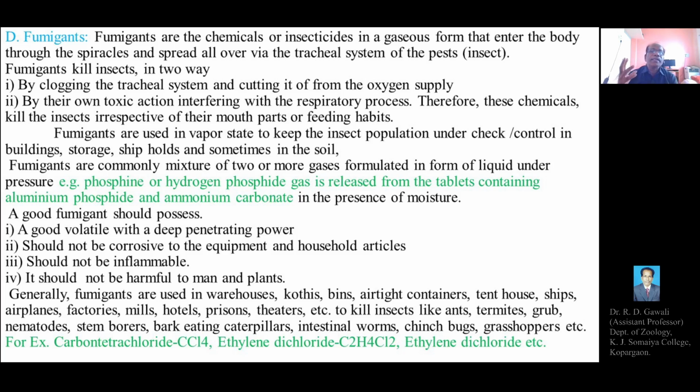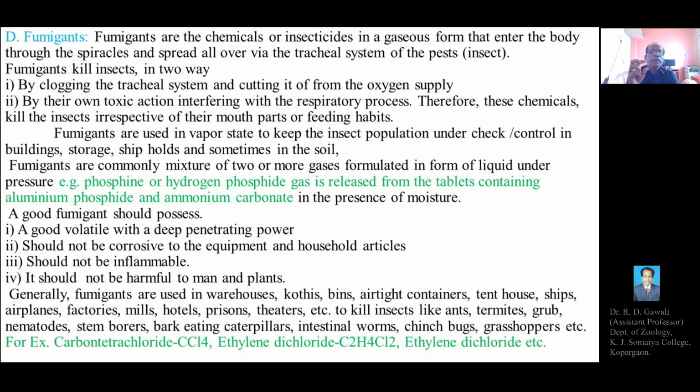The phosphine gas, or hydrogen phosphide gas, is released from the phosphine tablets, which contain two types of toxic chemicals, that is aluminum phosphide and ammonium carbonate.